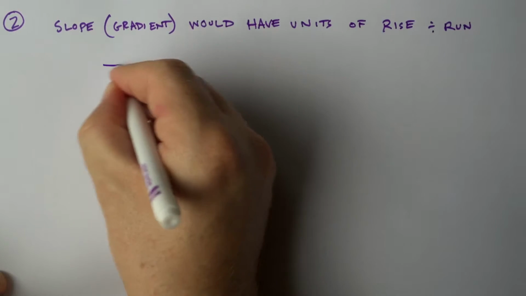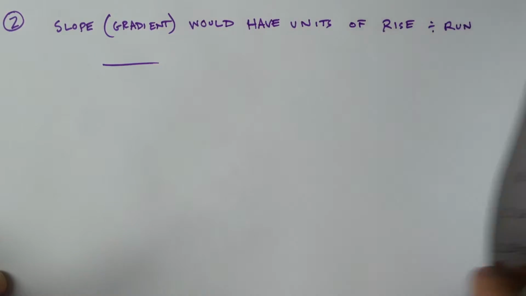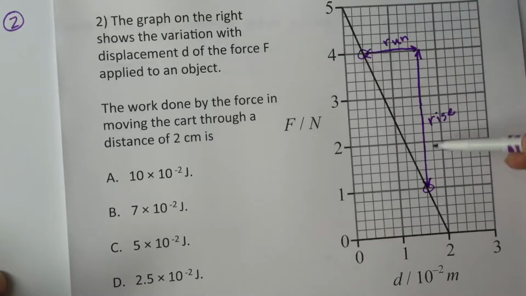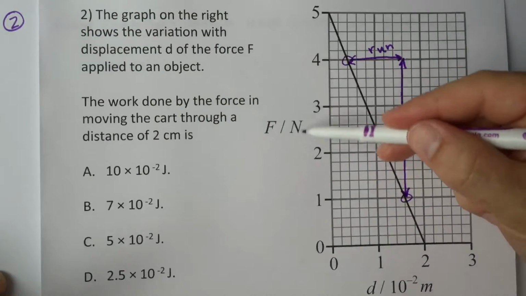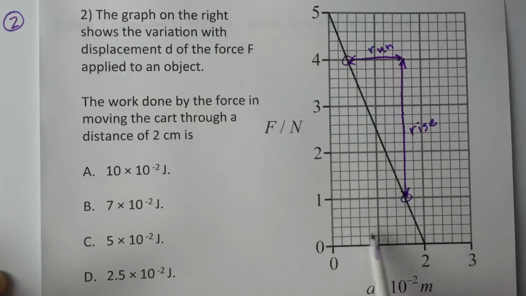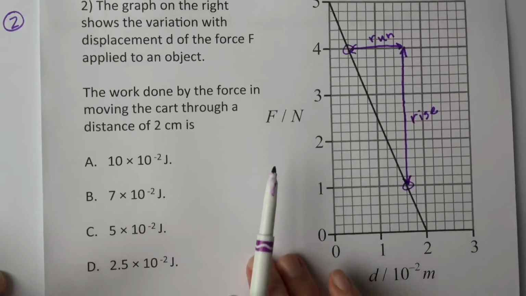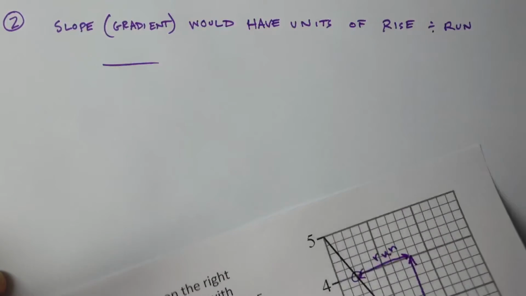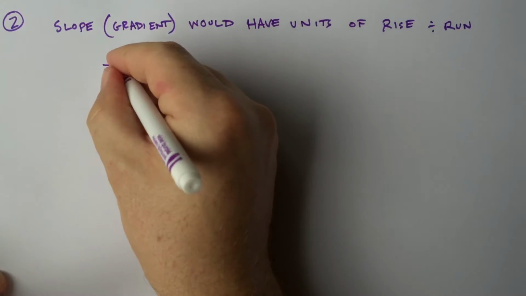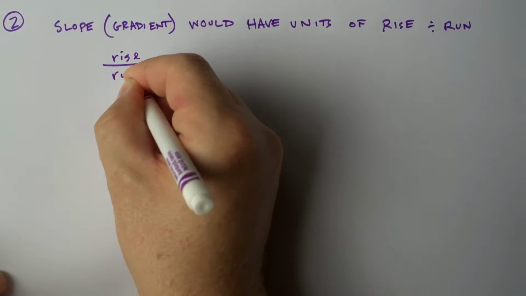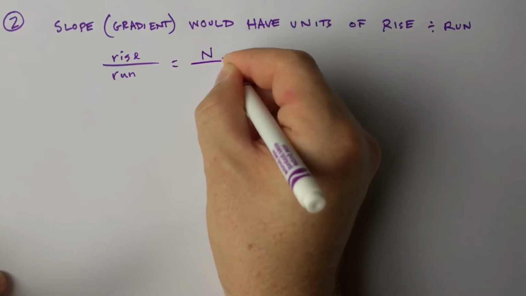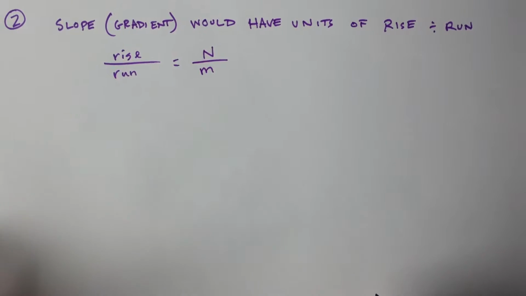My rise is measured in this direction, it's some number of newtons, and my run is measured in this direction, it's some number of meters. So rise units over run gives me some number of newtons divided by meters.